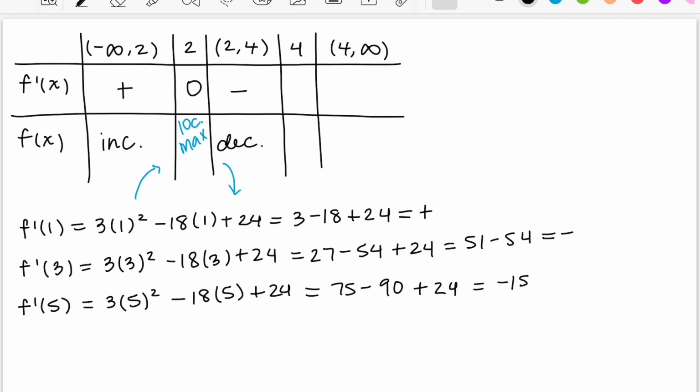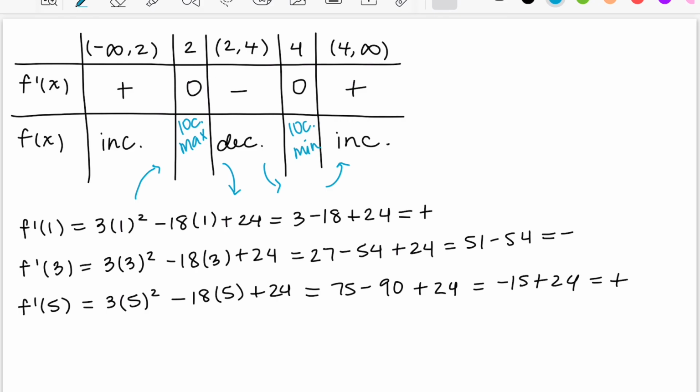We have minus 15 plus 24. Right? So f of x is going to be increasing over this interval. And we know that f prime of x is going to be equal to 0 when x is equal to 4. And since we're going from decreasing to increasing, we're going to have a local minimum at that point.